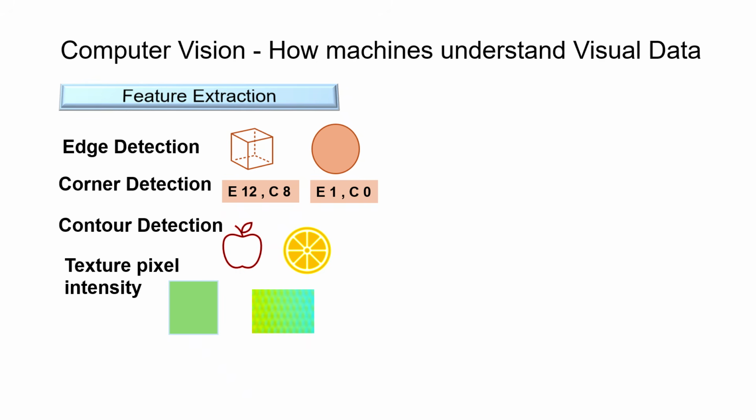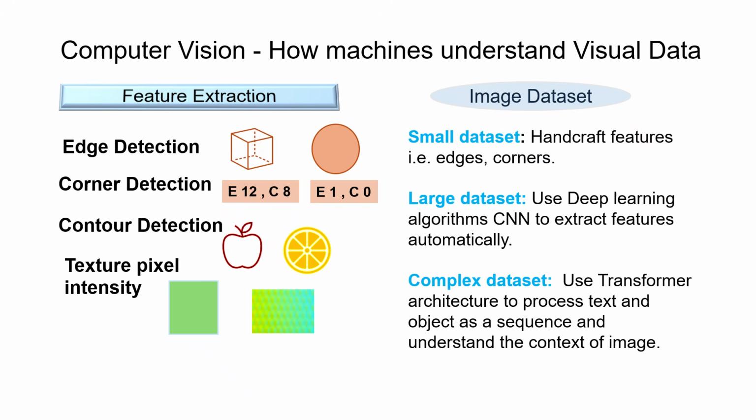Let us take a quick look at image dataset. For a small image dataset, handcraft features, edges, corners, using machine learning algorithms like KNN for classification. For a large dataset, use deep learning algorithms like CNN to extract features automatically. How does CNN work?